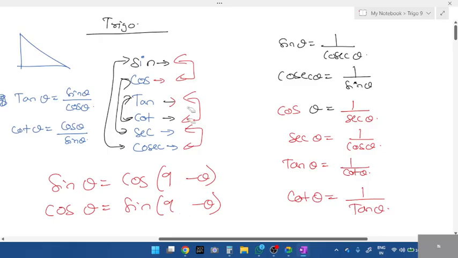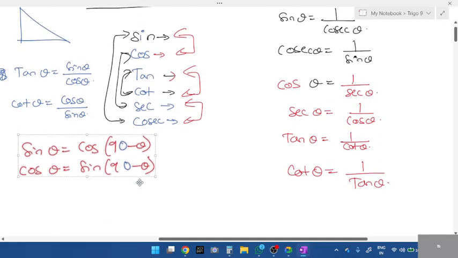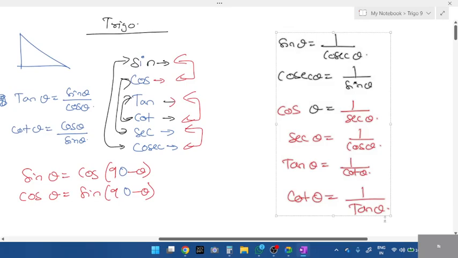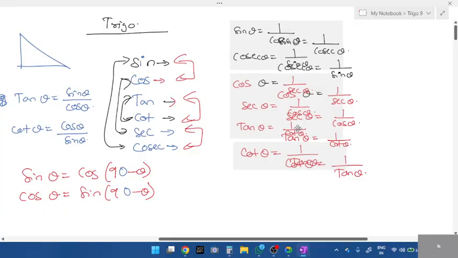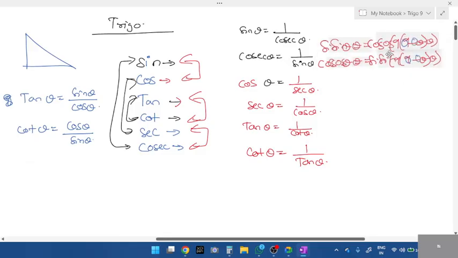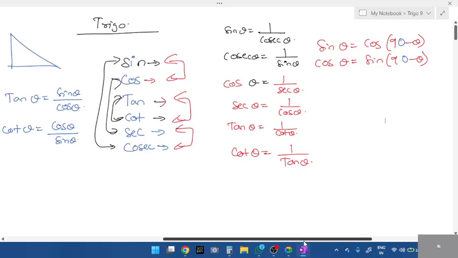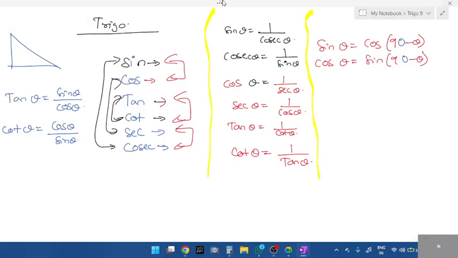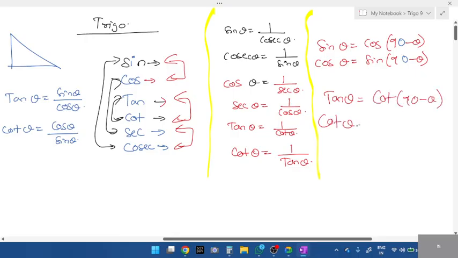The same goes with tan and cot. Tan theta is equal to cot 90 minus theta. Cot theta is equal to tan 90 minus theta. Make a note of this. Write all this, draw the right angle triangle, and complete it.